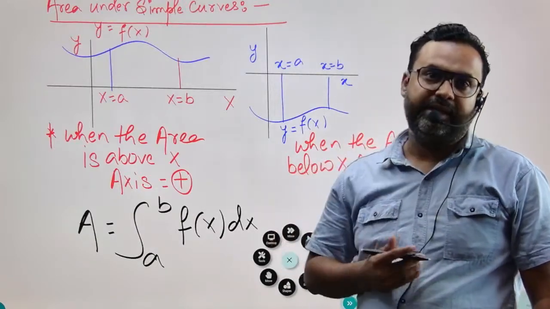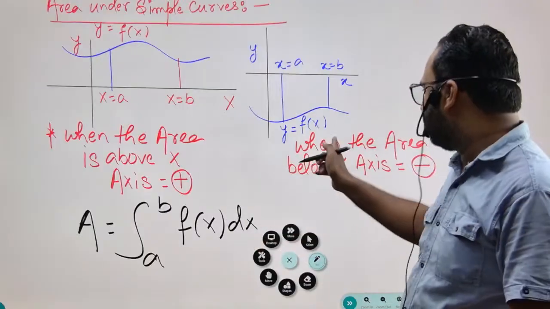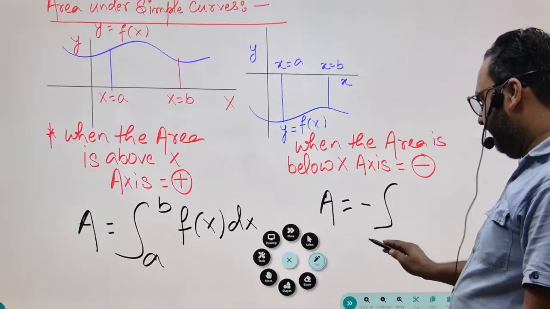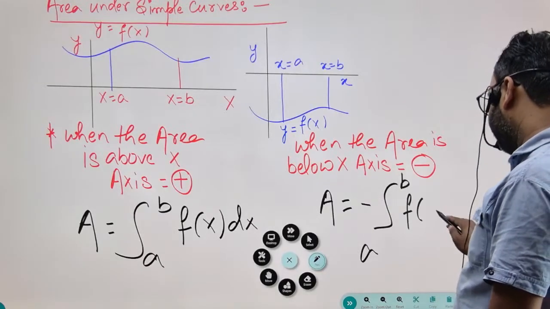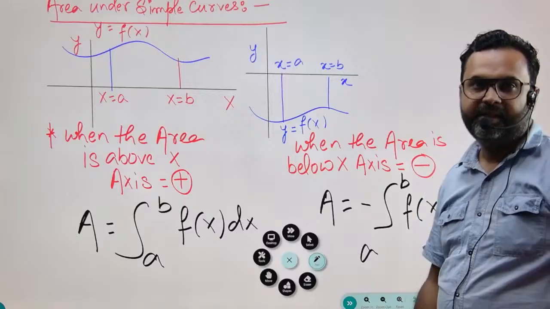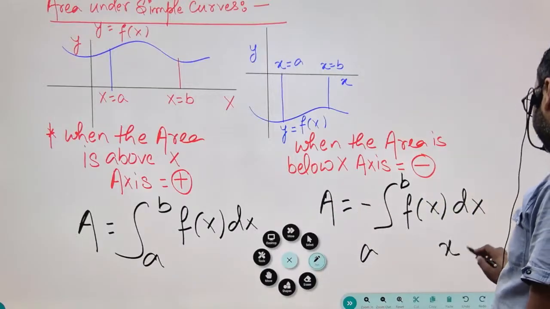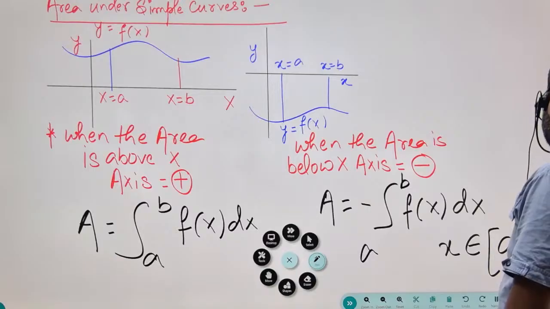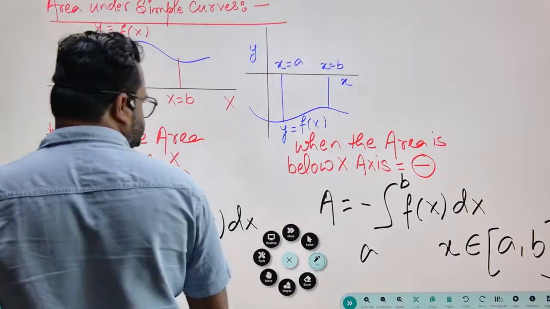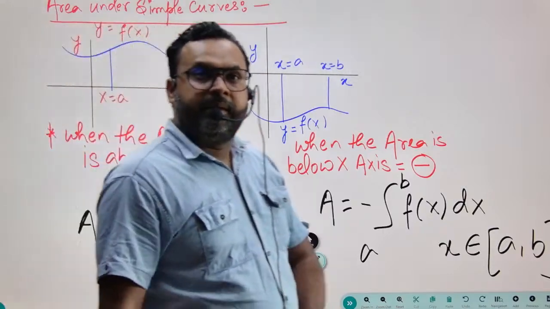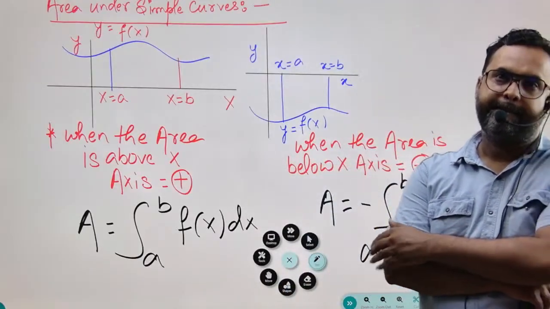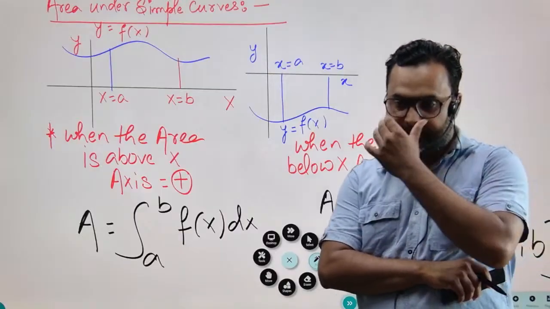Similarly, if I want to find the area below the x-axis, area is negative of the integral from a to b of f(x) dx, where x belongs to a comma b. Please make a note of it.